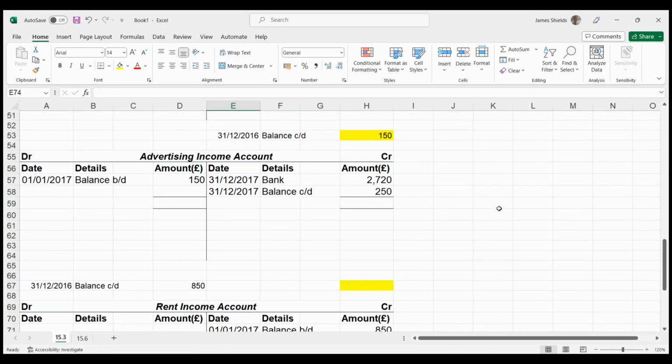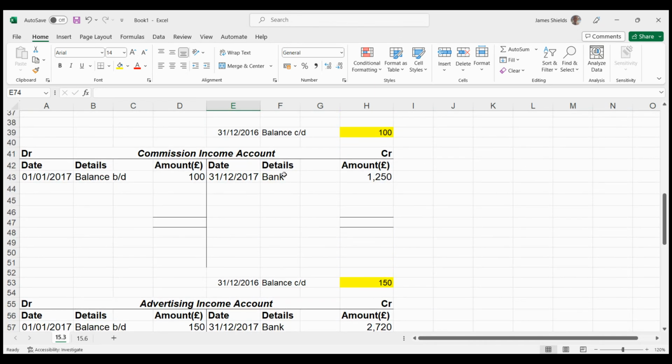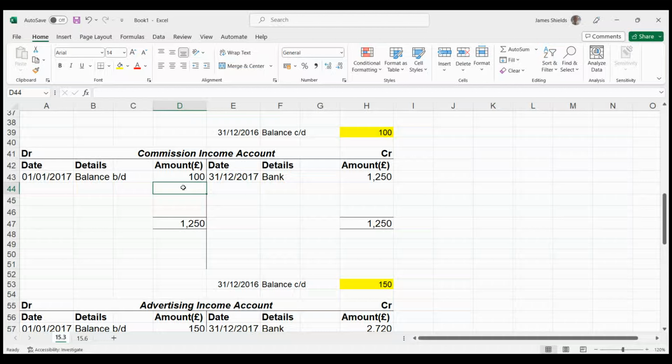Now we can balance our accounts. So the top one, we've got £100 on the debit side and £1,250 on the credit. So we want the biggest total of both sides. So that's £1,250 as well. Which means we've got a balance here of £1,250, take away the £100, which is £1,150.